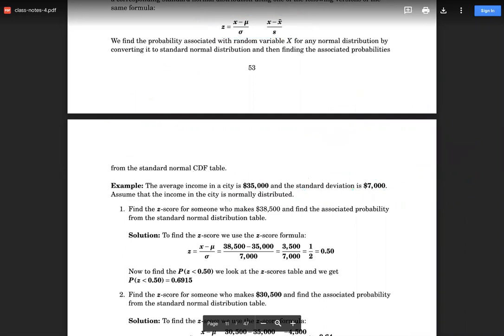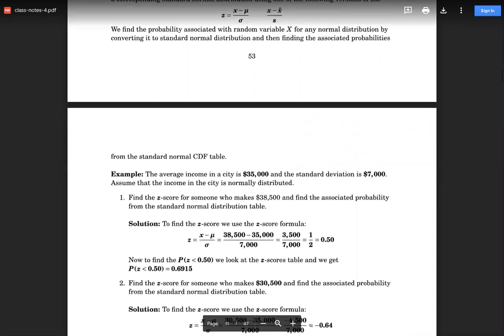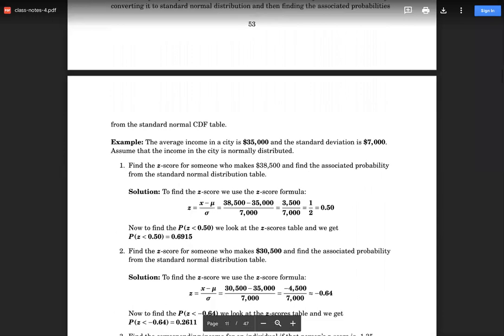So let's sketch it here again. 35K and 7K. Now, what do they want you to find? Find the z-score for somebody who makes 38,500. So easy. Z is equal to x minus mu over sigma.